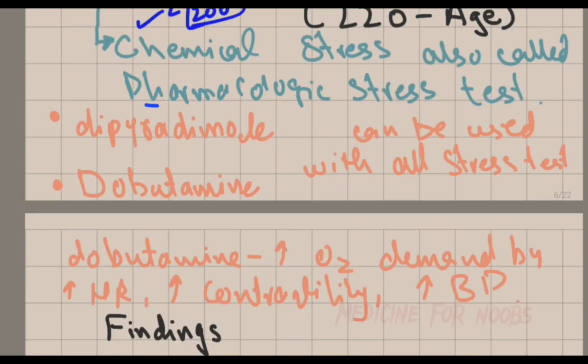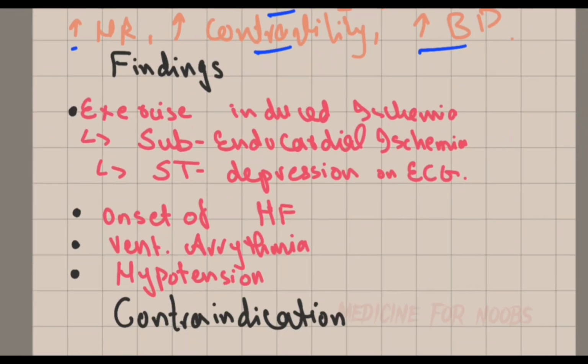Chemical stress test or pharmacologic stress test is also used if the person is not able to do physical activity. In this process, dipyridamole or dobutamine are used, or we can also use adenosine. Dobutamine increases the oxygen demand by increasing the heart rate, contractility and blood pressure of the patient.